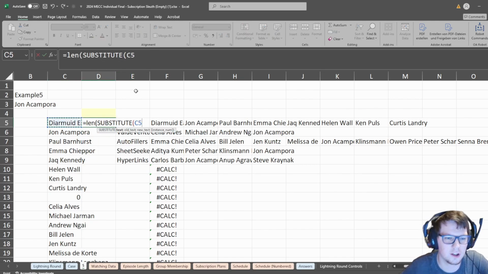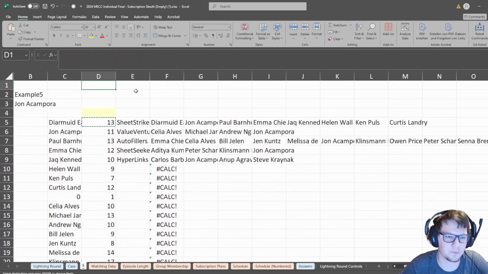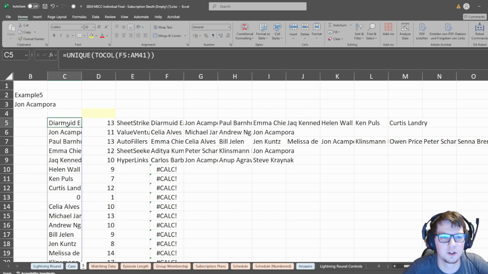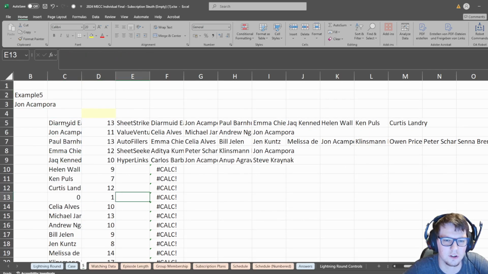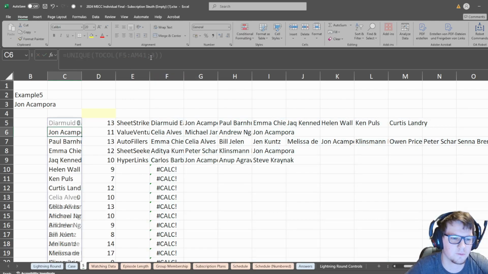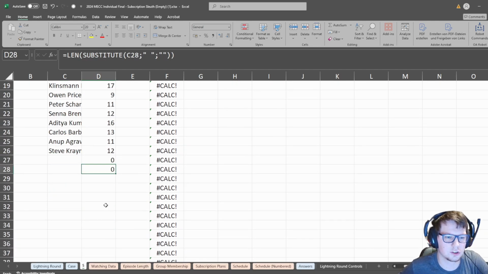So by now we need to take the length of this, those people which we have here with the unique and to-col are the unique people. We also have the calc error in the end, and also the 0, because we have a lot of empty things here that we can ignore with this optional argument.